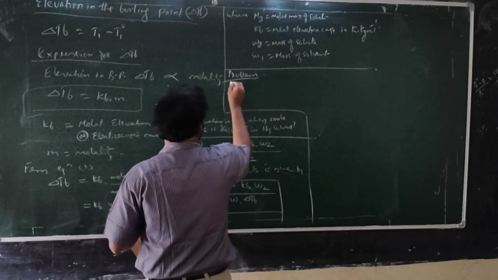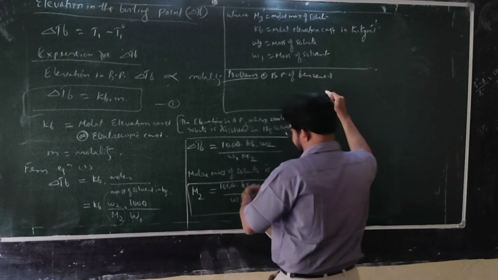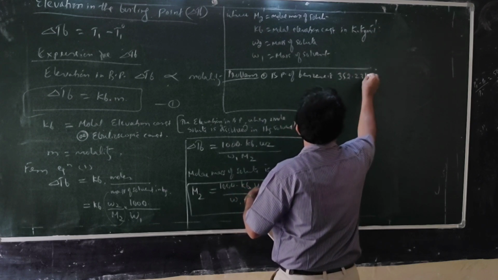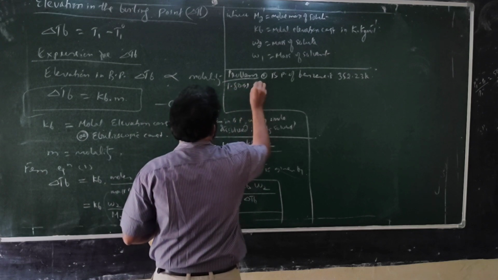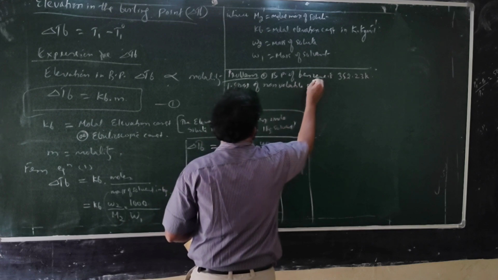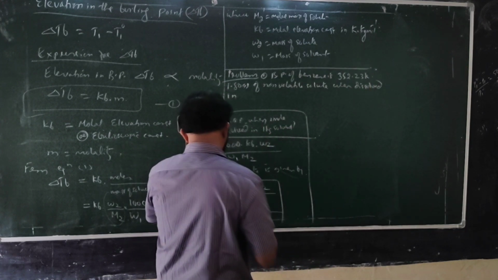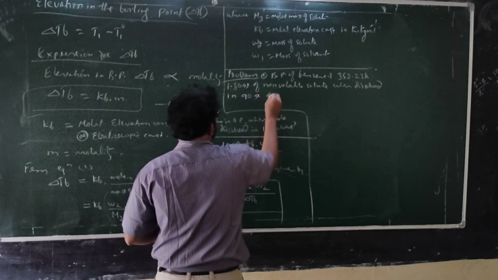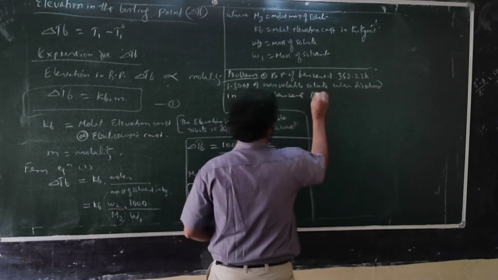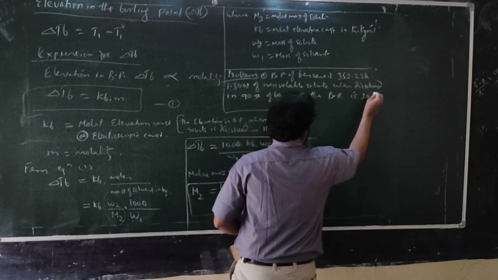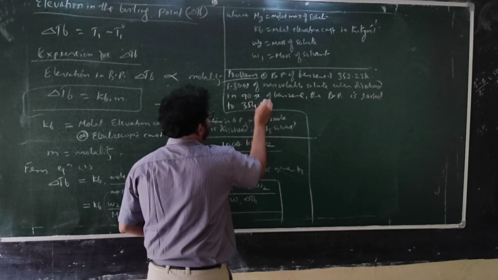Boiling point of benzene is 353.23 Kelvin, so it is T1⁰. 1.80 gram of a non-volatile solute when dissolved in 90 grams of benzene, the boiling point is raised to 354.11 Kelvin.